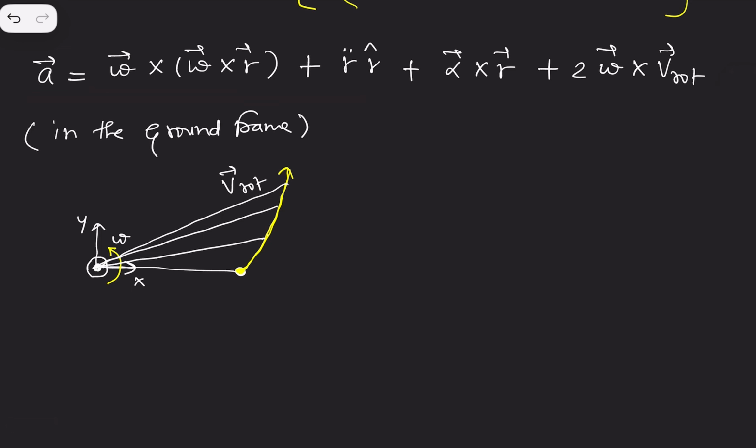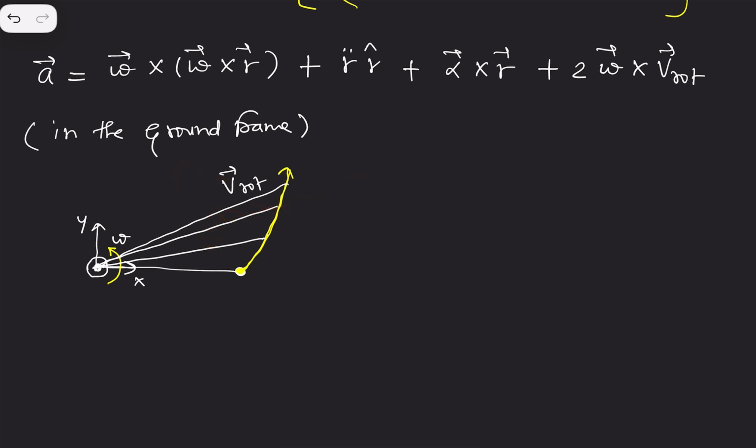But sorry, I made some mistake here. This is for the ground frame. If it is watching from here, it will see only that the body is going away, so it will have acceleration in the outward direction, not in this direction. There would be no tangential change, we are going to see only radial change.